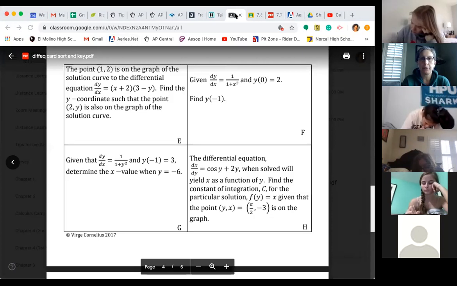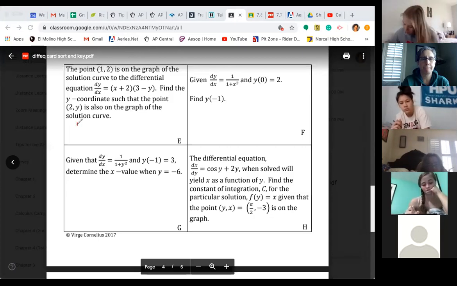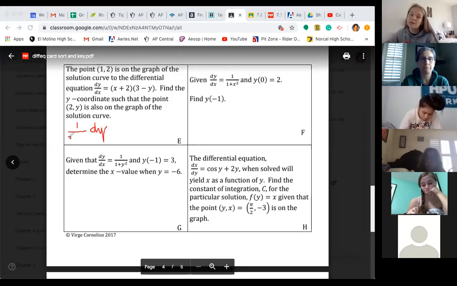So why don't you guys help me through this. When you separate the variables, you have what on the left side? I have that you have dy over 3 minus y, and then that equals x plus 2 dx.